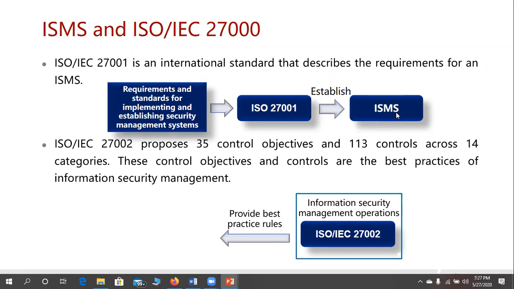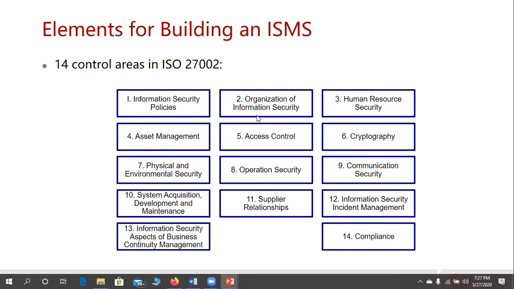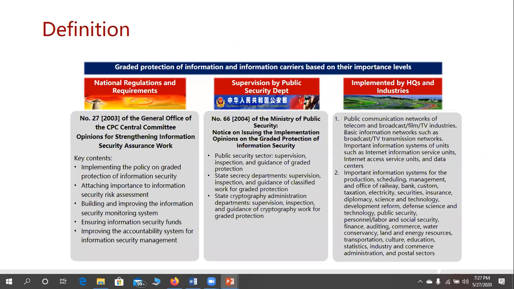So ISMS has that plan, do, check, and act, which ISO does not have. Are you getting what I'm saying? That's how different they are. But this came from here, but it has got its own things, how it does things.